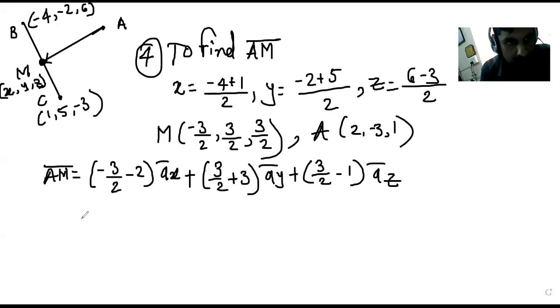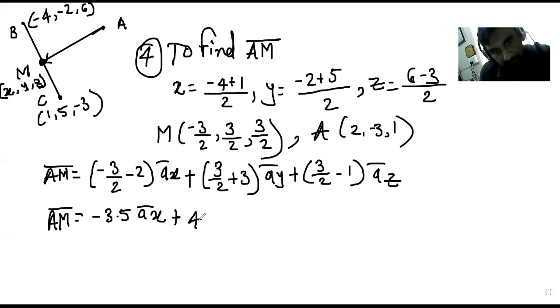If you proceed with simplifying this equation, you will get the final answer as -3.5 A bar x. I'm asking you to use the calculator to solve this. AM bar is equal to -3.5 A bar x plus 4.5 A bar y plus 0.5 A bar z.